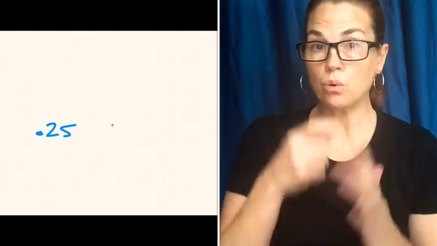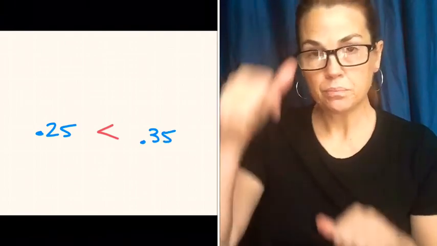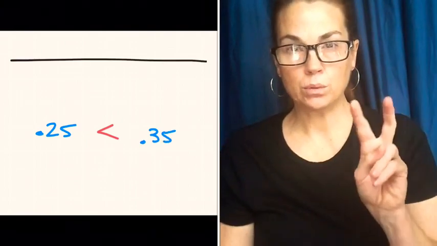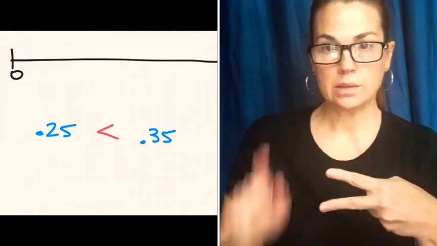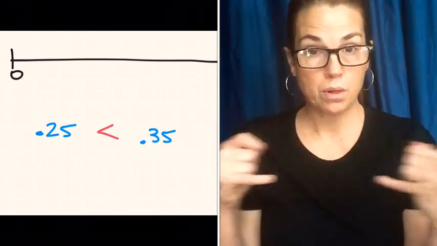Now I could do exactly the same thing with their decimal forms. If you remember, we had 0.25 is less than 0.35. So on a number line, instead of graphing fractions, I'm now graphing decimals.